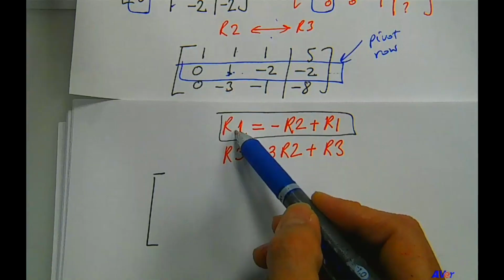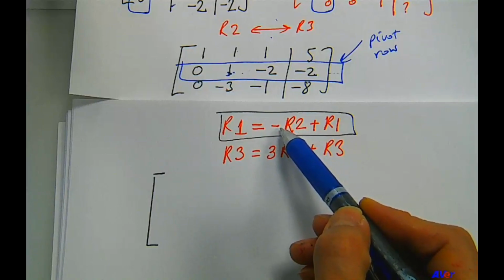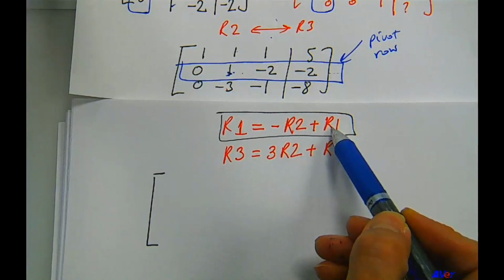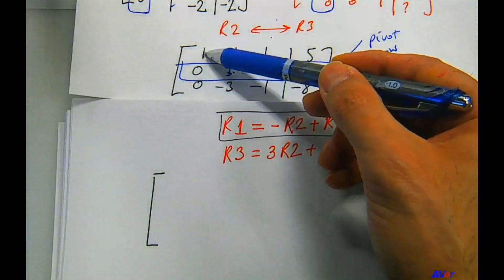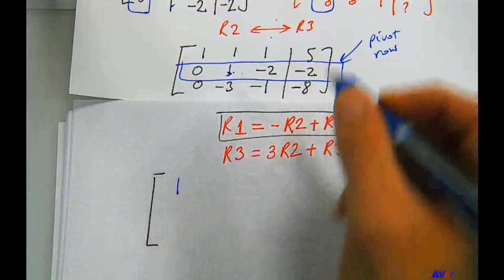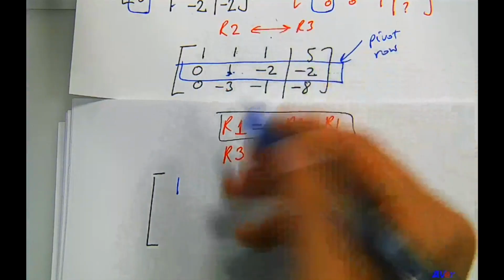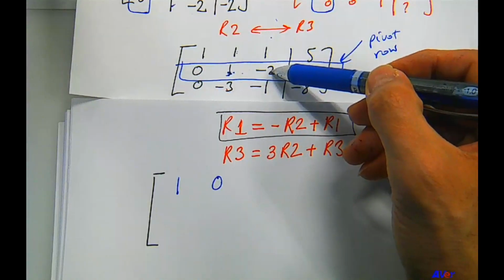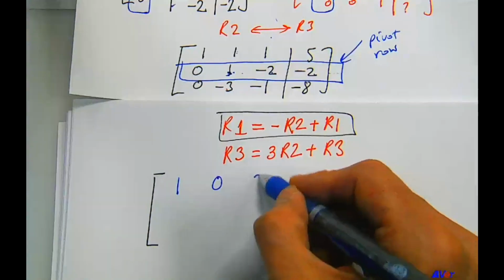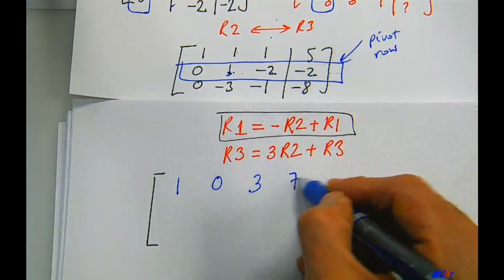This is saying multiply row 2, which is the pivot row, by -1 and add it to row 1. So -1 times 0, 0, plus 1, 1. -1 times 1 is -1, plus 1, 0. -1 times -2, +2, plus 1, 3. -1 times -2, +2, plus 5, 7.